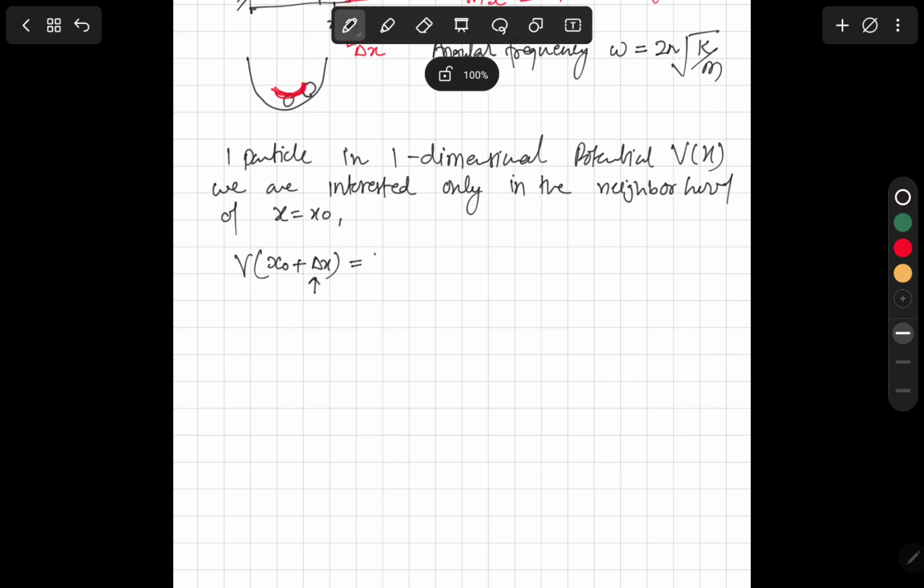It would be given as V of x naught plus V dash at x naught multiplied by delta x plus 1 by 2 times V double dash of this V of x function at x equal to x naught multiplied by delta x square, and plus some higher order terms.